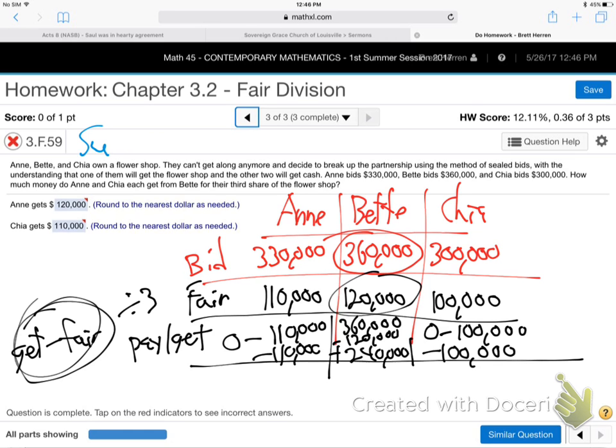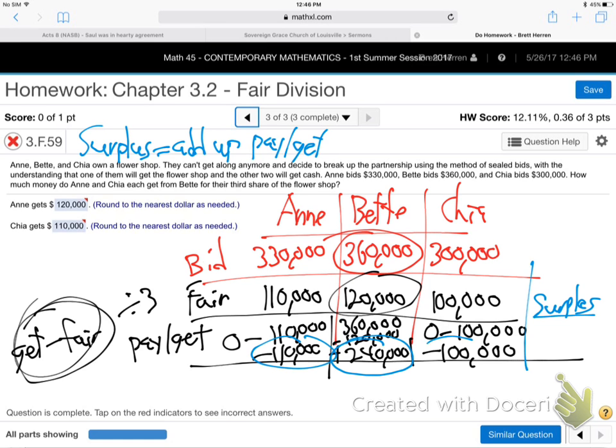Now, can we determine the surplus? How do you do the surplus? You just add up the pay-get column. So the surplus, if you take the 240 minus 110 minus 100, is 30,000.